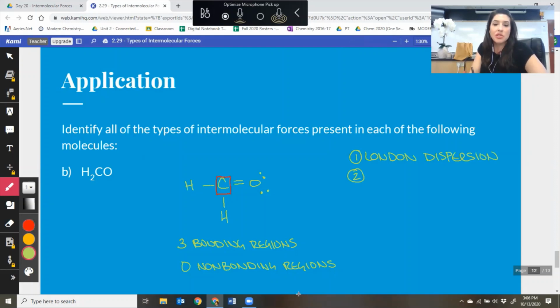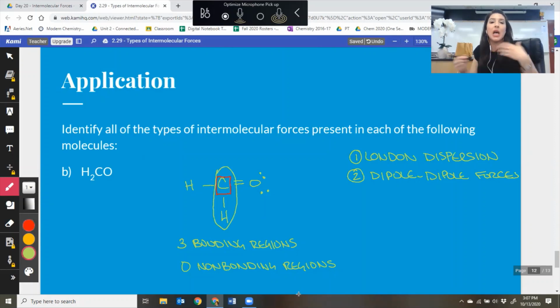Polar molecules, such as this one, include dipole-dipole forces. And all that I'm left to decide is whether or not this also includes hydrogen bonding. I do see that there is a hydrogen bonded to carbon right here. However, carbon's not electronegative enough for this to include hydrogen bonding. So remember, for something to have hydrogen bonding, you need to have H bonded to F, O, or N. So in this case, we are done. London dispersion and dipole-dipole are the only types of intermolecular forces that occur in this molecule.